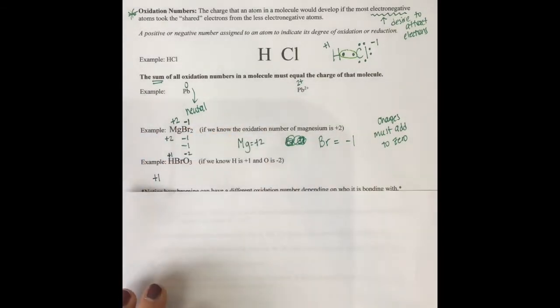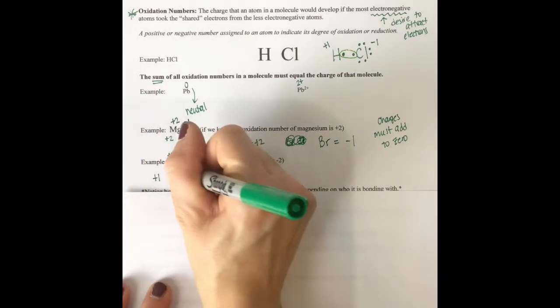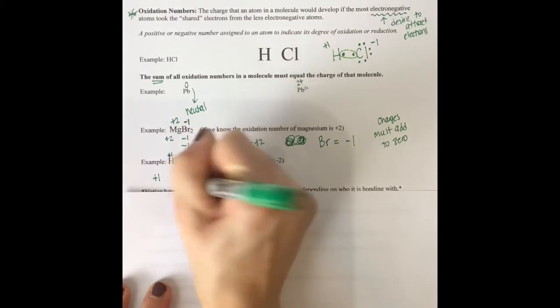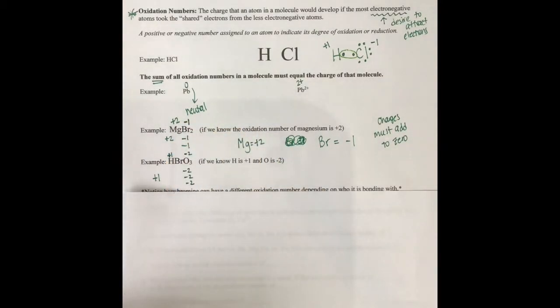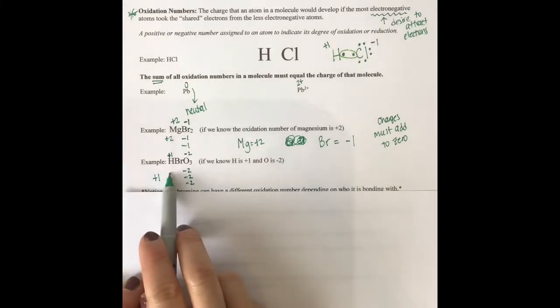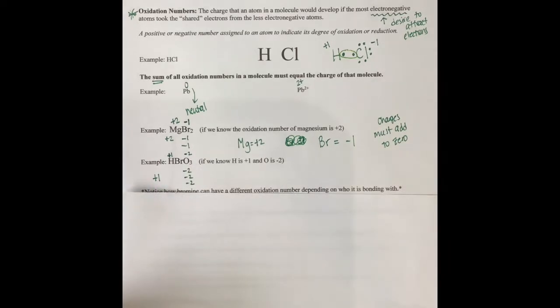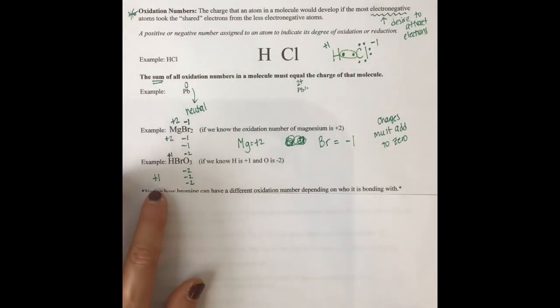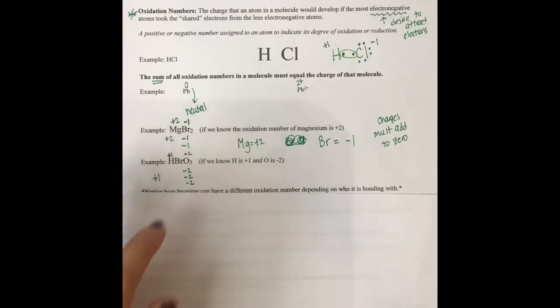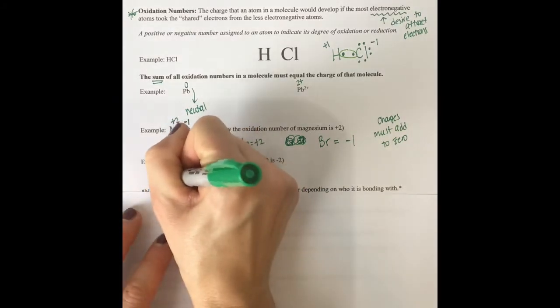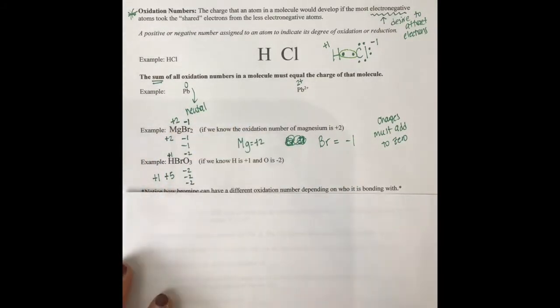We have a +1 from hydrogen, and we have 3 oxygens. What does bromine have to be in order for my charges to add up to 0 for a neutral molecule? I have +1 and -6, so we need bromine to be a +5.